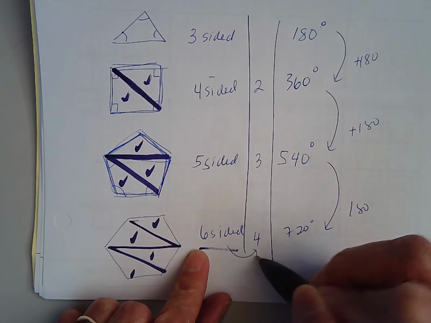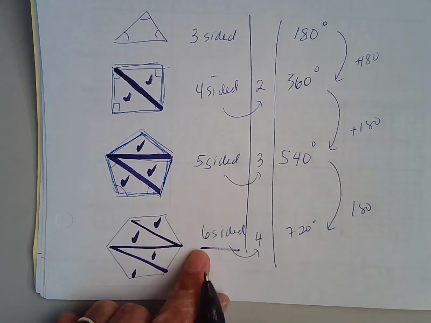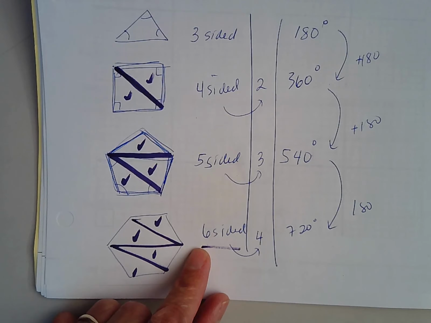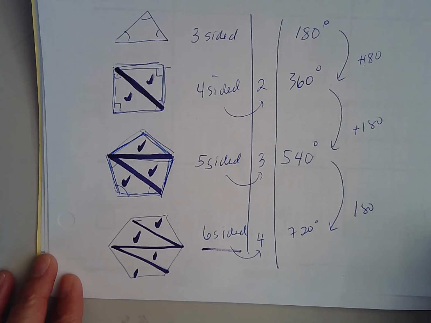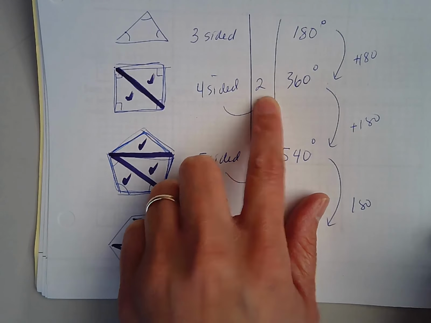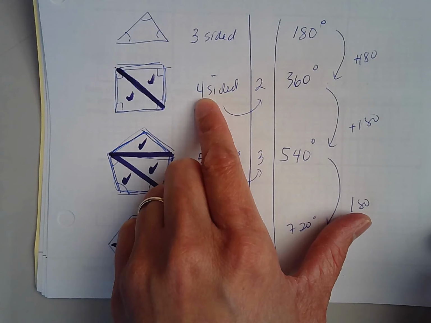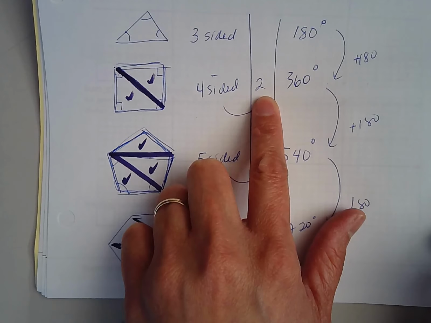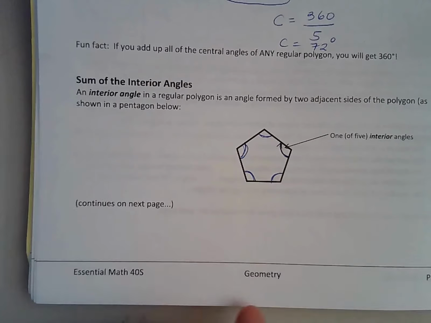What's the connection between these two? You're probably thinking, it's always 2 less. Whatever the number of sides is, it's always 2 less.